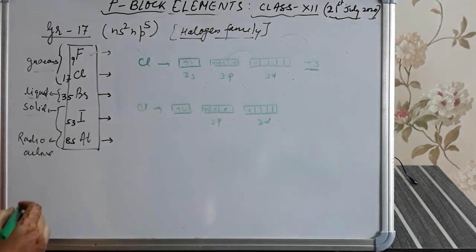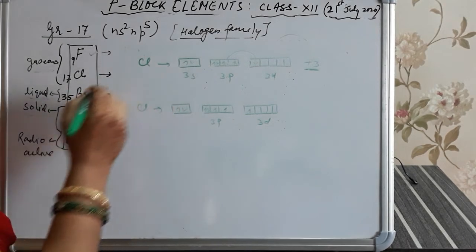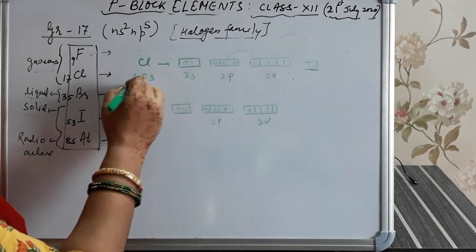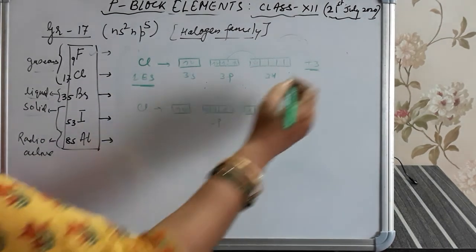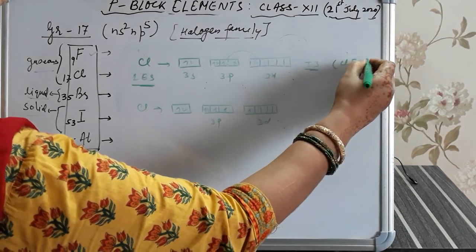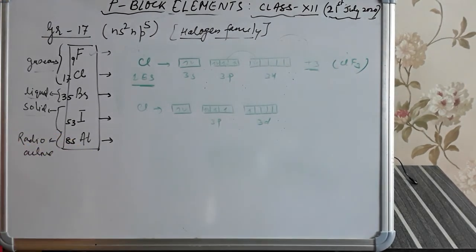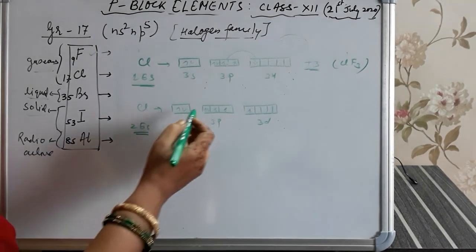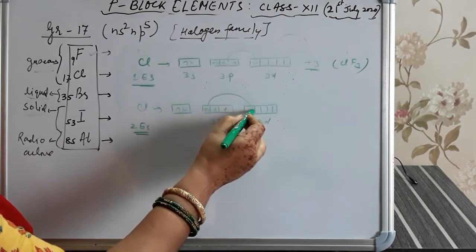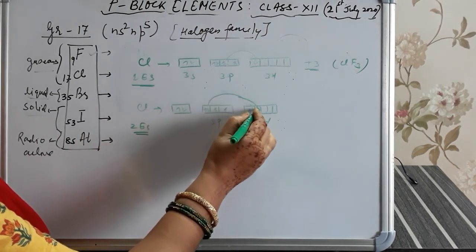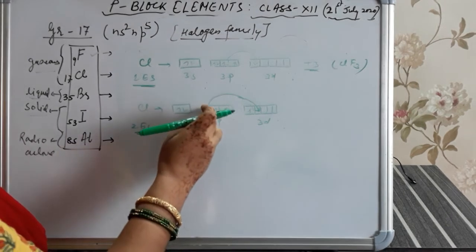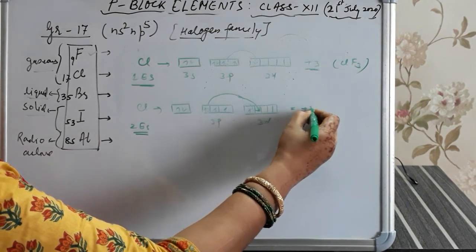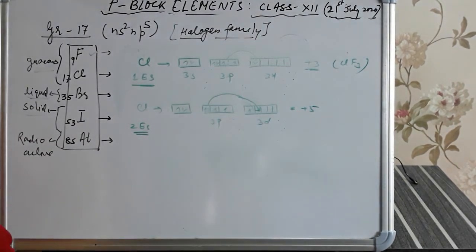The first excited state shows the +3 oxidation state, and we can draw the formula of trihalides of chlorine. In the second excited state, this electron goes onto this orbital. So now it has 1, 2, 3, 4 and 5 unpaired electrons. In that condition it shows the +5 oxidation state.